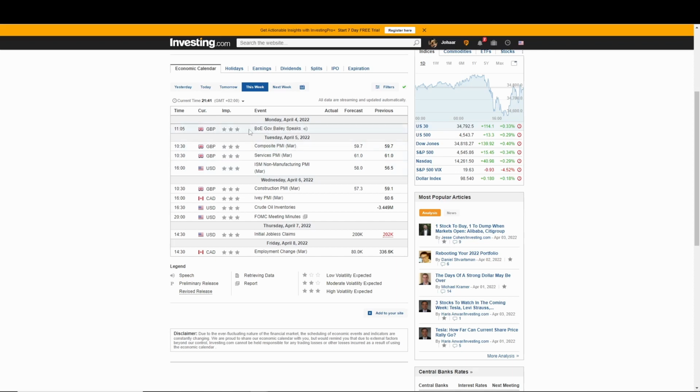We have Governor Bailey speaking tomorrow on Monday. We have composite PMIs, services PMI. And then for the US, we have ISM non-manufacturing PMI. I don't take too much note of this for the Nasdaq. We have construction PMI for GBP.